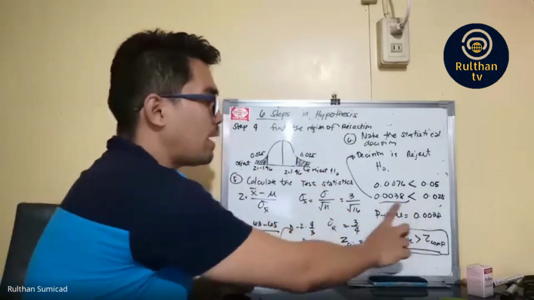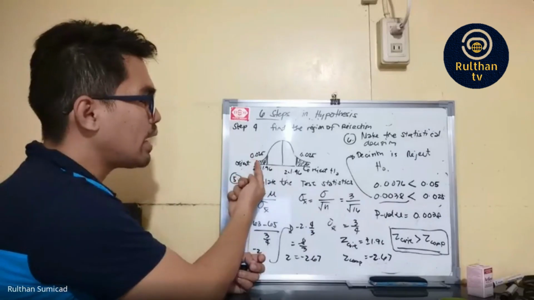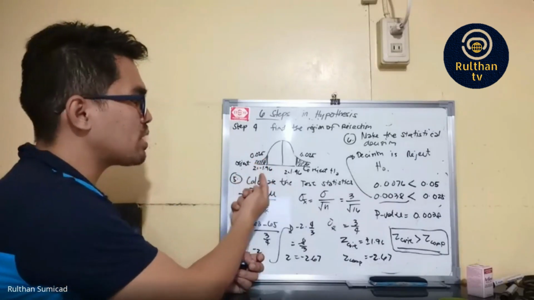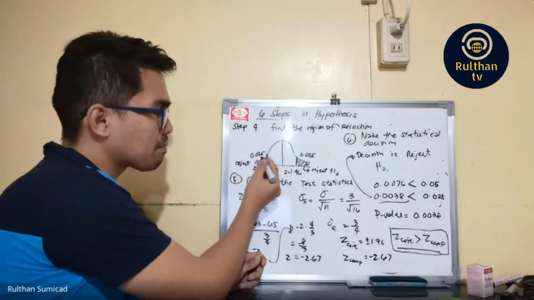So if you look at this one, 0.38% is actually beyond the critical value, which is 1.96. So it falls on this region.